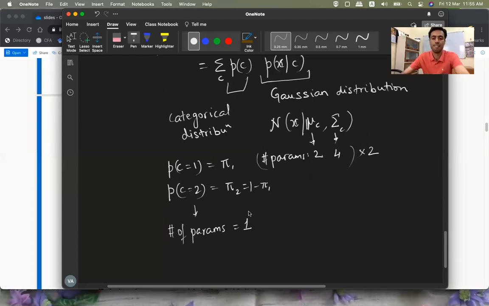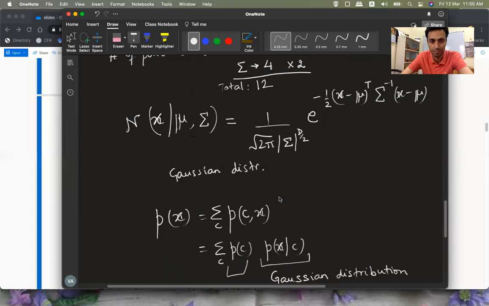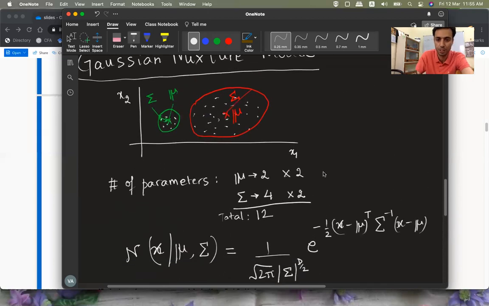So we have got only a single parameter. So the total number of parameters becomes 13, that is, 12 plus 1 for the weights.